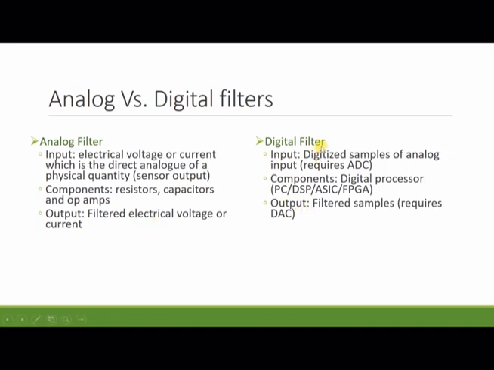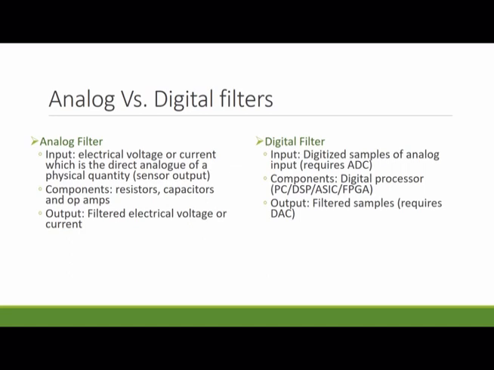Similarly, in case of a digital filter also, a primary set of the design contains input, then components and output, where the input typically will be obtained from the output of an ADC, that is the digitized sample. We are not directly feeding an analog input to the digital filter.